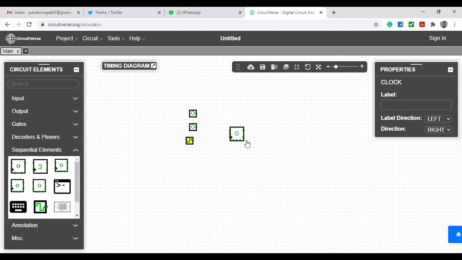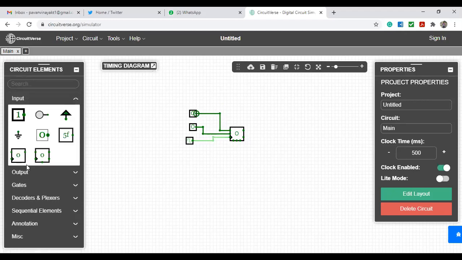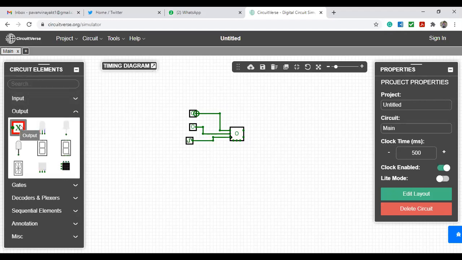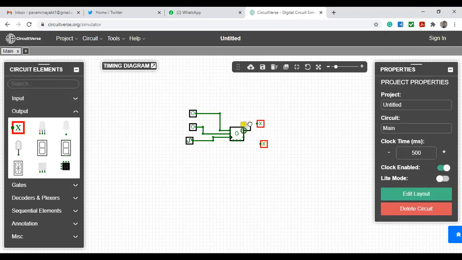If you give this clock, the block inbuilt takes it as edge triggering only, don't worry. Next, the outputs. This is one output, and another output.